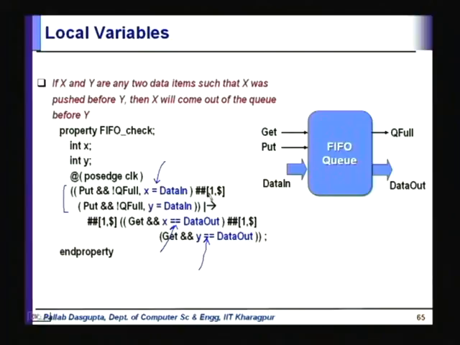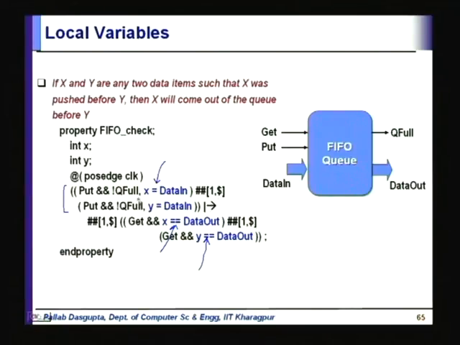So this code is just defining the property. This is only defining the property, right? Yes. Now see, the way that we have written the property, we did not put that this data in is the one which is immediately after this one. We did not say that. We just said hash hash 1 comma dollar, right? We just said hash hash 1 comma dollar.